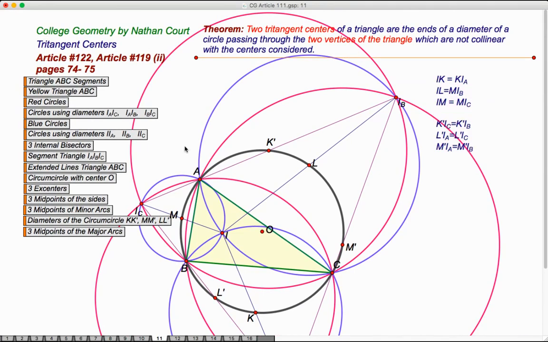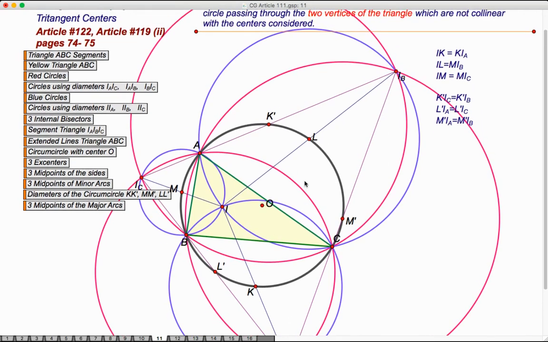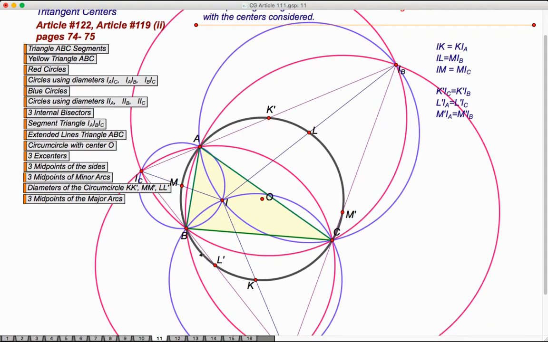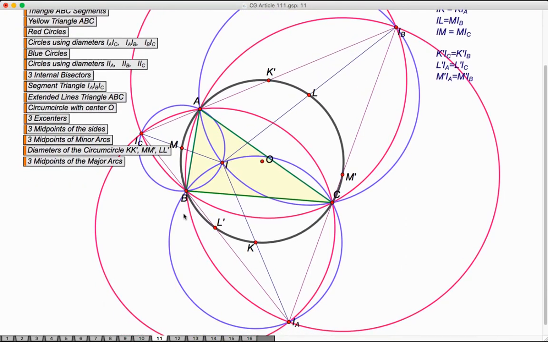122, we have the 6 circles determined by the 4 tritangent centers. So we have the 3 red circles and the 3 blue circles. The first one is this one, okay?